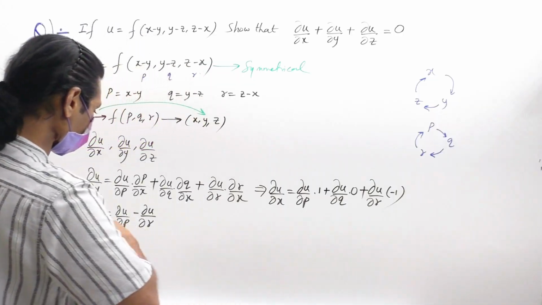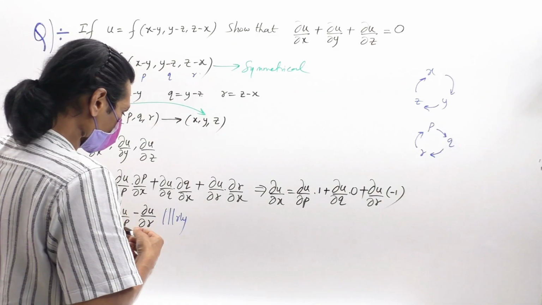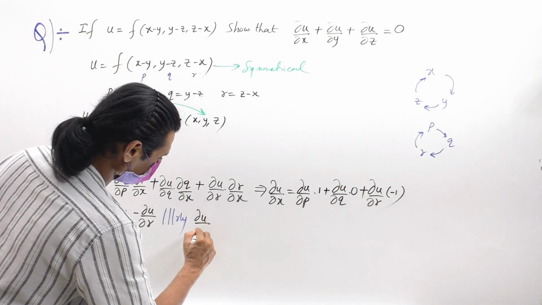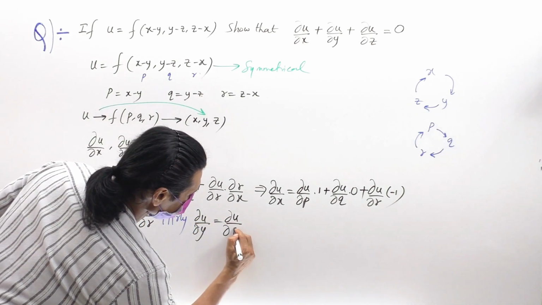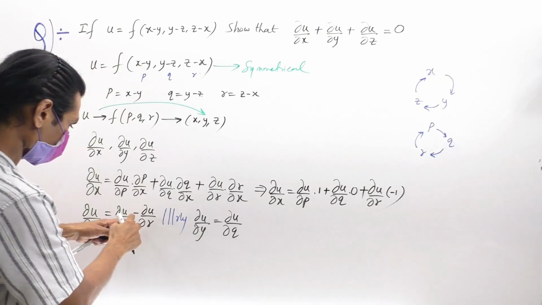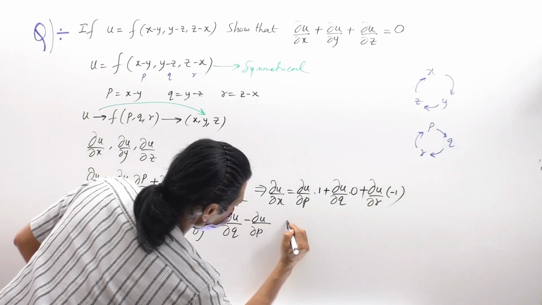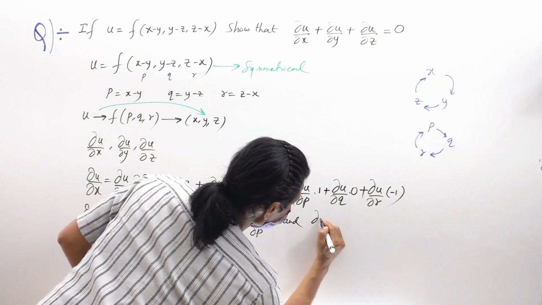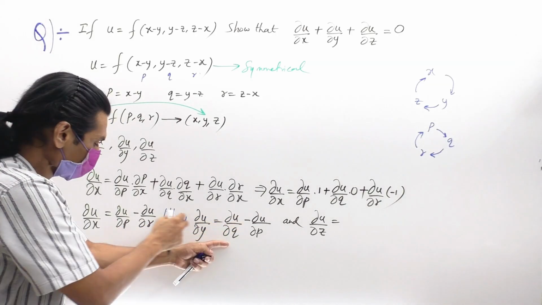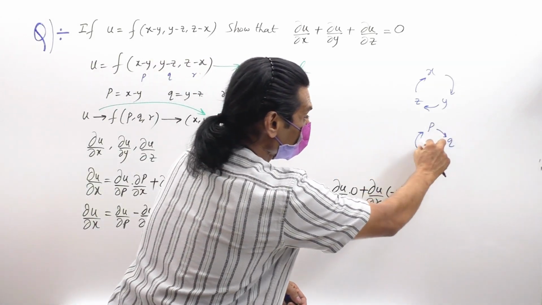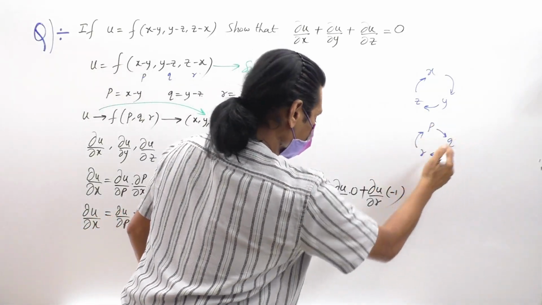So similarly, we can write here dou u by dou y is equal to dou u by dou q minus dou u by dou p, and lastly dou u by dou z will be dou u by dou r minus dou u by dou q.